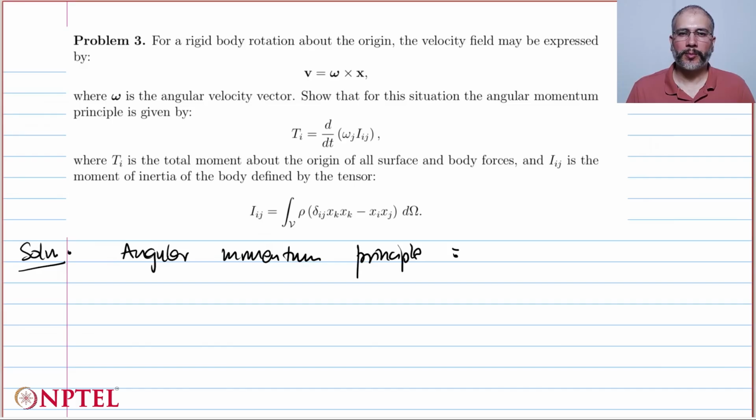So the angular momentum principle says that the net torque, or the net moment of all the forces acting on the body, is the time rate change of the angular momentum of the body, and both these quantities are calculated about the same point, that is the origin in this case.